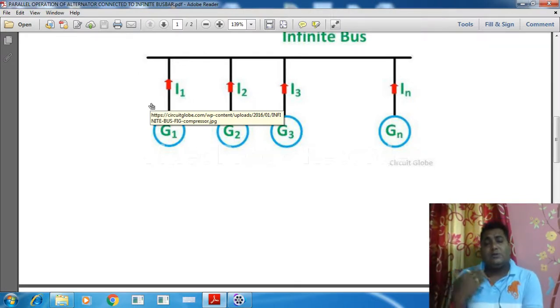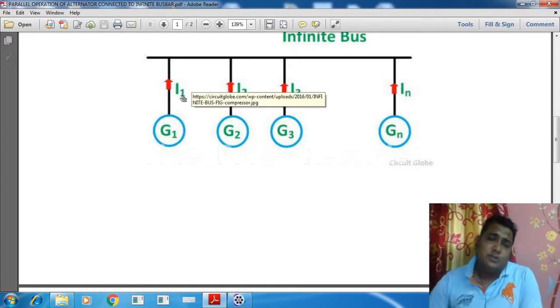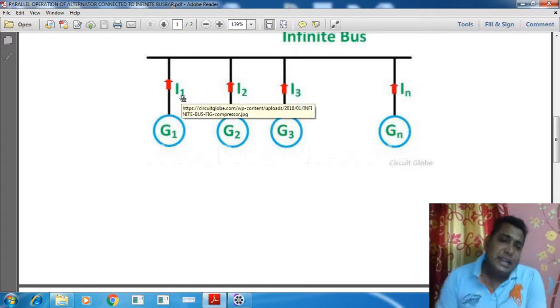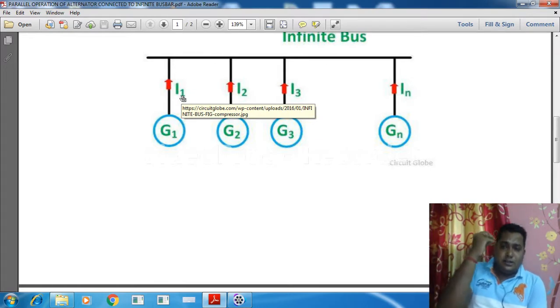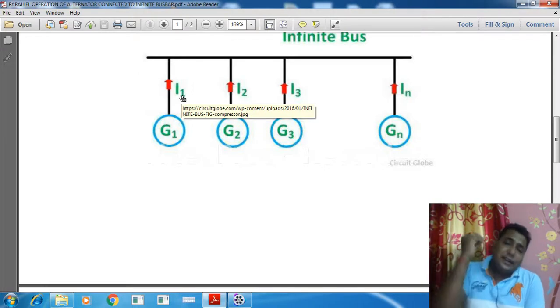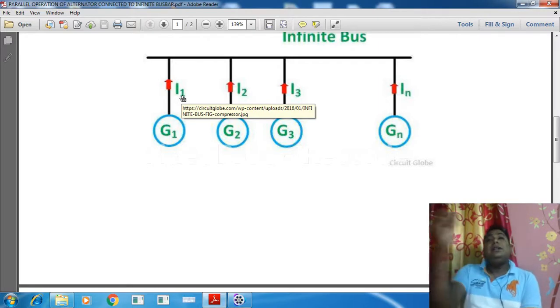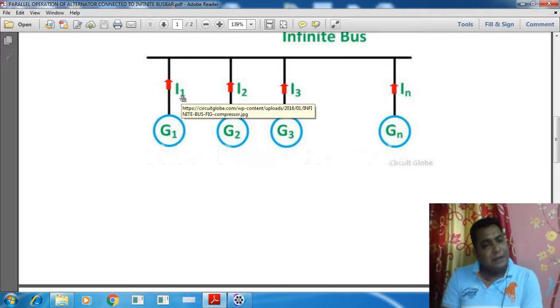When the current I1 is flowing from the alternator, there will be some drop. After that drop, whatever voltage remains will reach the bus bar, correct?